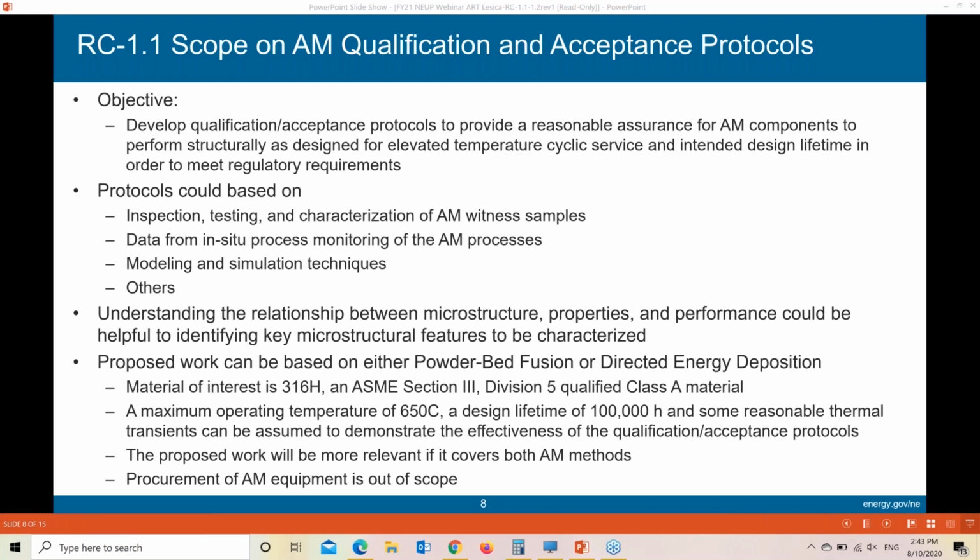All of that, the way that I see it, will be necessary in order to come up with credible acceptance protocols that can be used to screen in or screen out AM components. I don't see that software by itself can accomplish that.